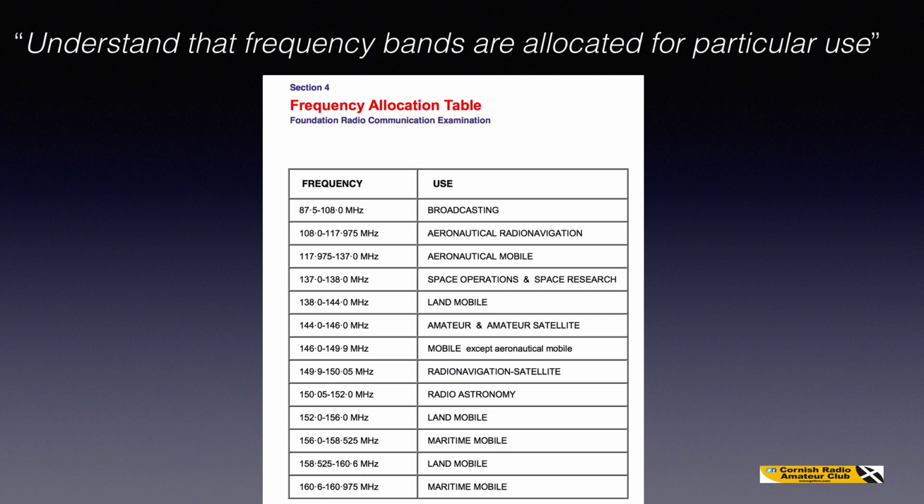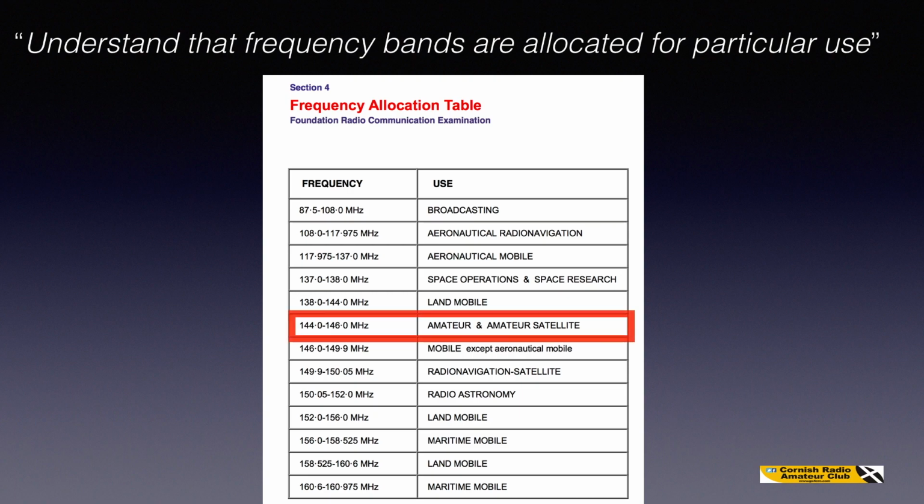And this is a subset of allocated frequency bands. And you can see there that different users share the RF spectrum. And this is a matter of national and international coordination to make sure that people do not interfere unduly with each other.